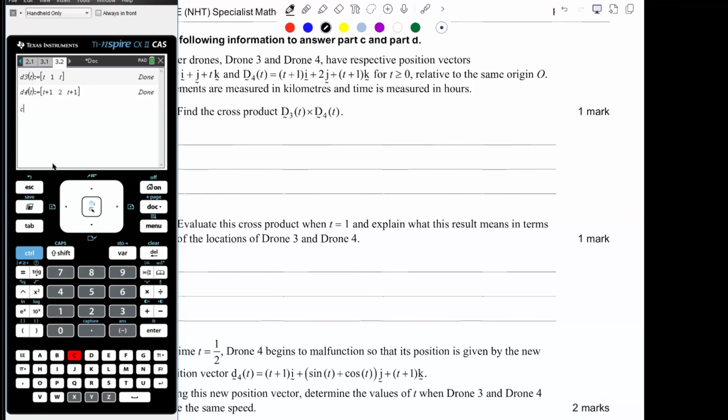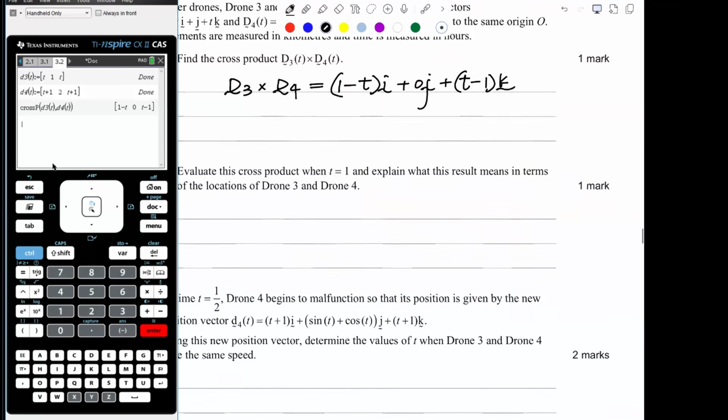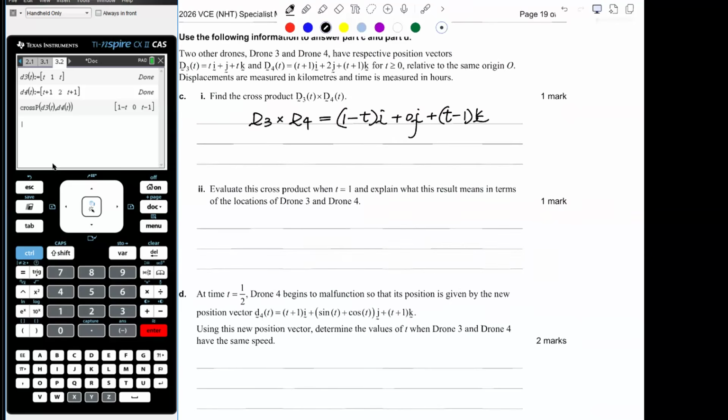And then the cross product of d3 of t and d4 of t will give you 1 minus t i plus 0j plus t minus 1 k. It's a vector quantity. And when t equals 1, you would see all components will be 0.